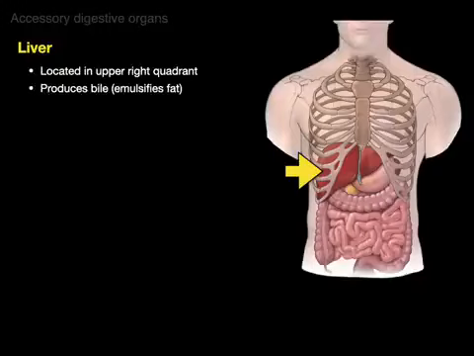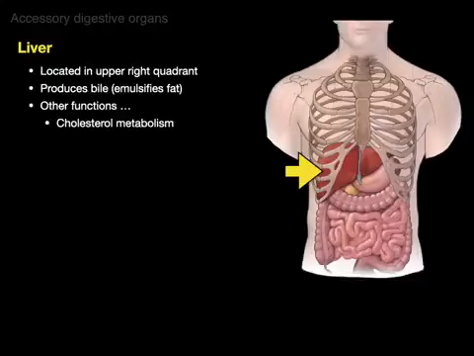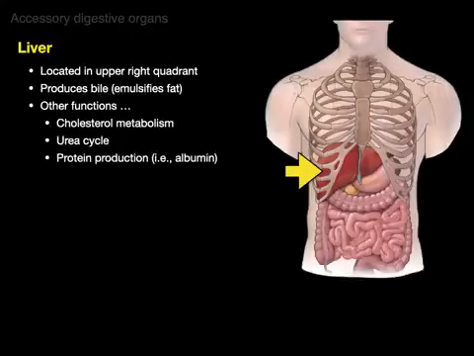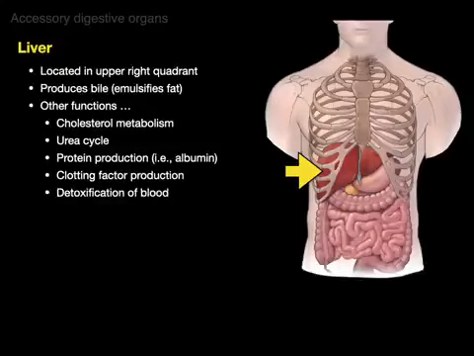And that enables digestive enzymes to better break the chemical bonds in these smaller droplets of fat. But the liver has a ton of other functions, like it helps with cholesterol metabolism, it takes part in the urea cycle, produces proteins like albumin, it produces clotting factors, it helps to detoxify blood, and so forth.